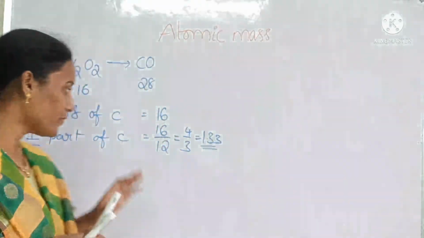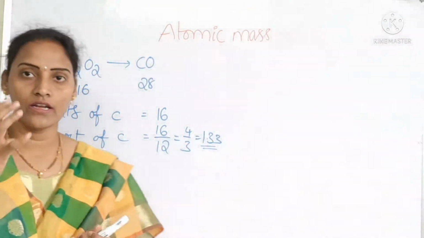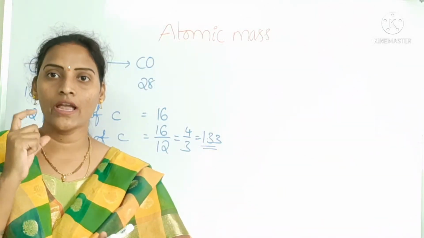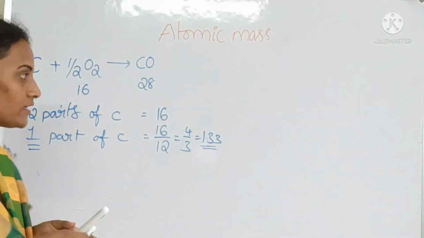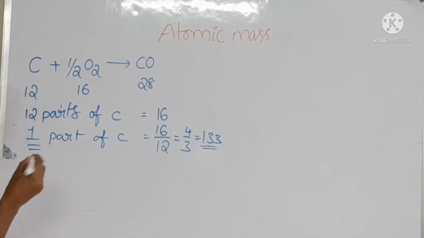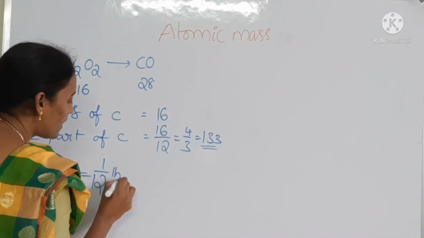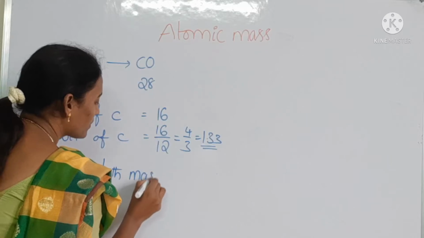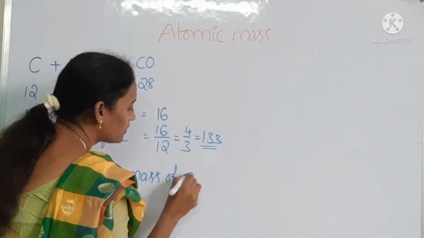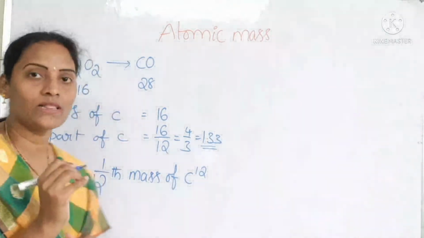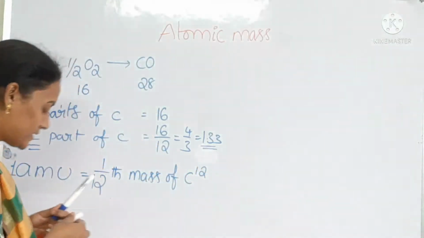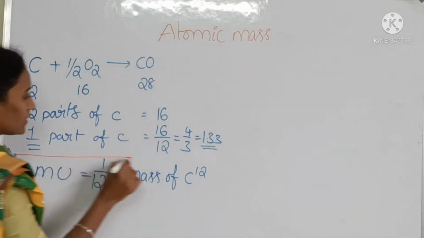See, while seeing this, they gave one term, AMU. AMU is nothing but atomic mass unit. 1 AMU is equal to 1/12 mass of C12 isotope. 1/12 mass of C12 isotope is nothing but 1 AMU, students.